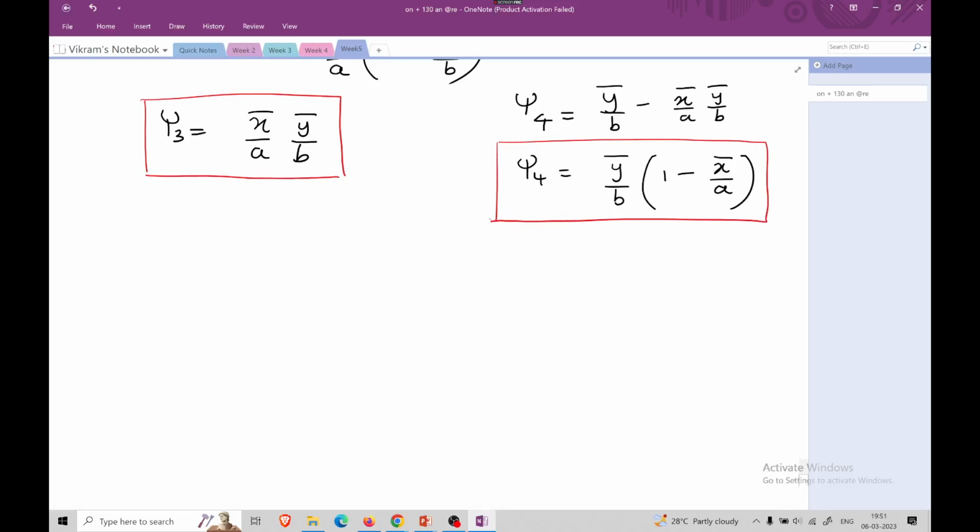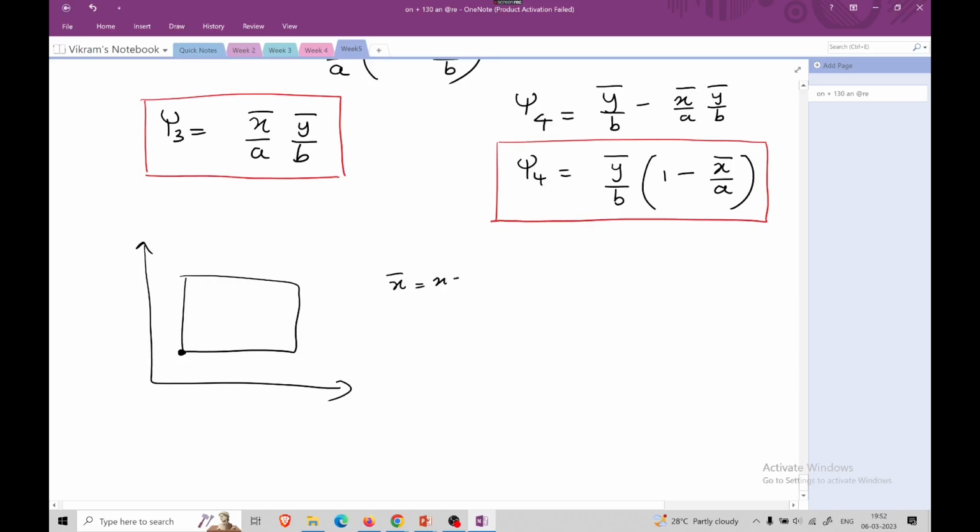Either you can solve, so what was our x bar? So this was our x. x minus 1. Yeah. x bar is x minus 1, y bar is y minus 1. So you can simply substitute this x minus 1 and you can again rewrite psi in terms of x and y.